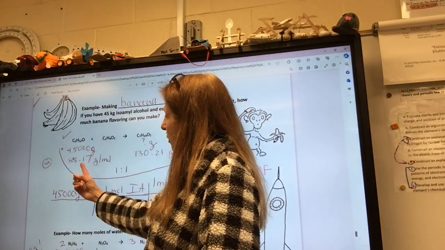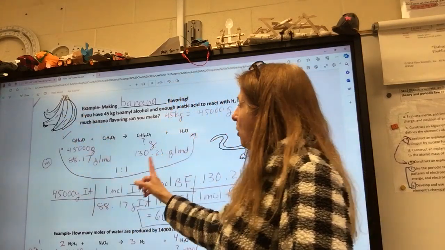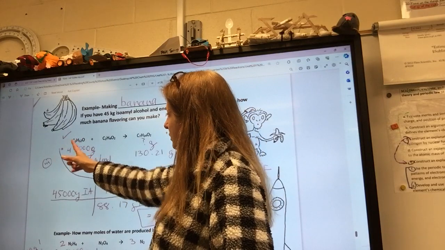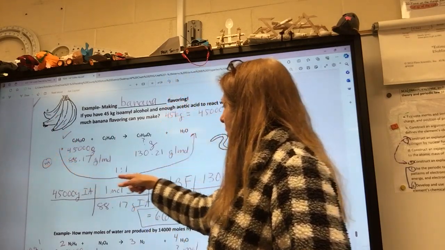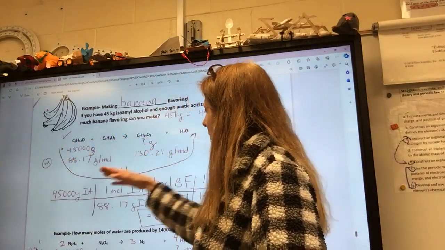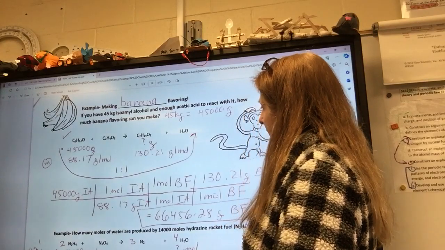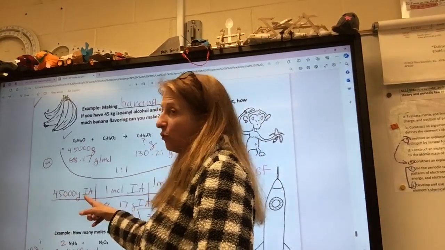So we look up the molar masses, because these are grams, off the periodic table and write them there. The ratio is the coefficients, and these are 1 to 1. You start with what you know and draw a circle around to what you don't know, and that tells you the order that you're going to multiply things in. First, you write down what you know, which was our 45,000 grams of isoamyl alcohol.